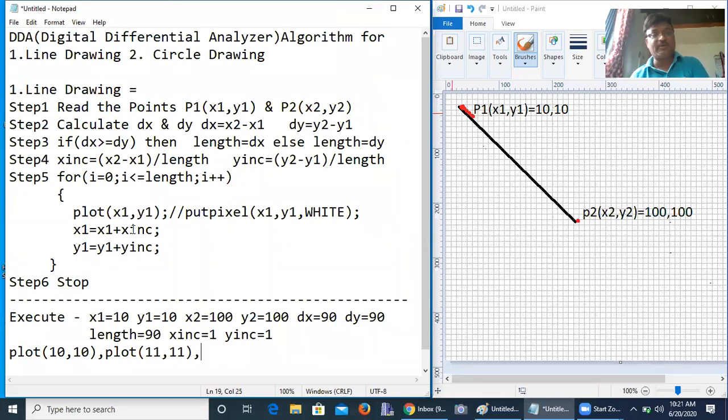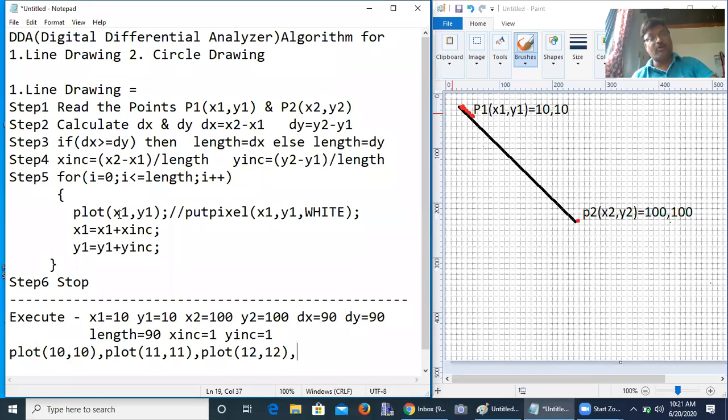Then what is the next step? 11 plus 1 becomes 12. Here x1 is equal to x1 plus x increment, so x1 is 11, and 11 plus 1 is 12, and y1 again becomes 12. Similarly you plot 12, 12. Now what is my third step?